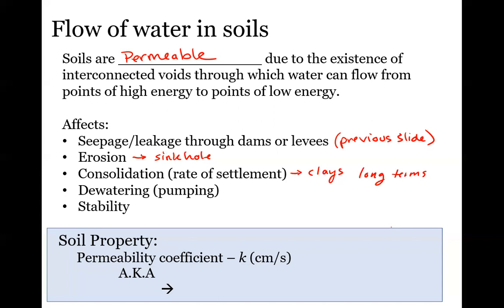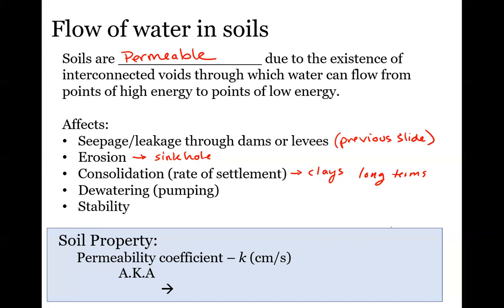When you squeeze them, it takes a little pressure and a little time to remove all the water. The same thing happens with clay, except over years and years. If we put a building on top of clays, it's slowly going to squeeze out all the water and settle. That term is called consolidation, and it's related to the permeability of the clay.